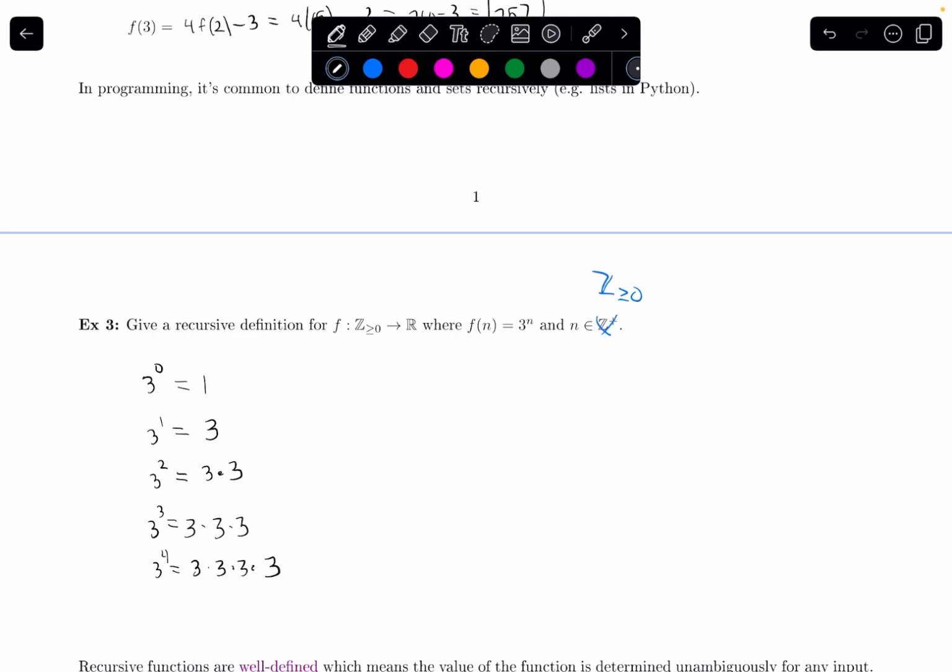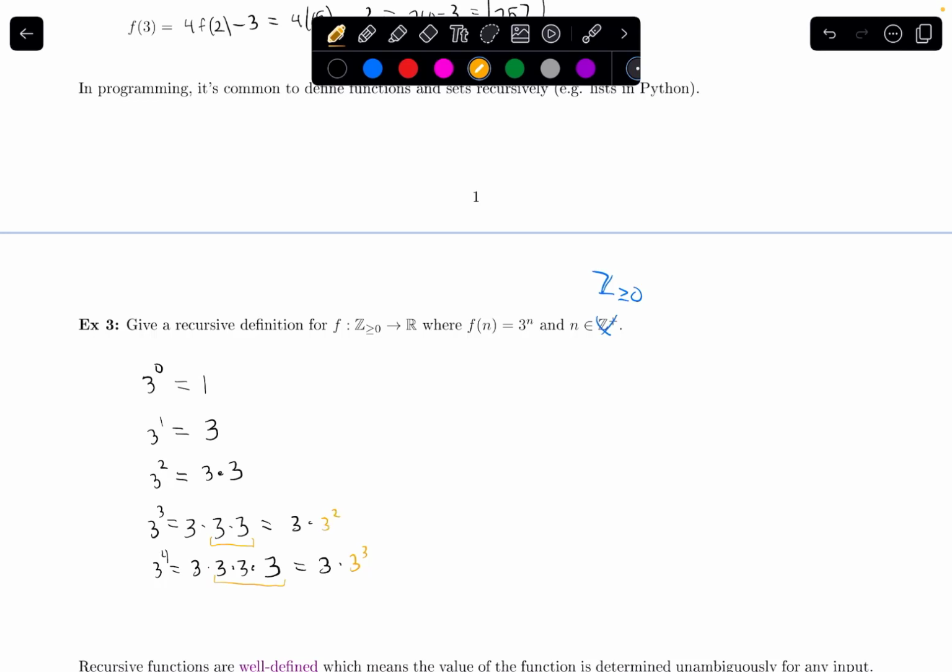So one of the things I might notice about this is, like in 3 to the 4th, it's 3 times, and then a 3 cubed shows up. So this is 3 times 3 cubed, and 3 cubed is the previous term. If I look at 3 cubed, it's 3 times, and then I have a 3 squared here. That's 3 times 3 squared.